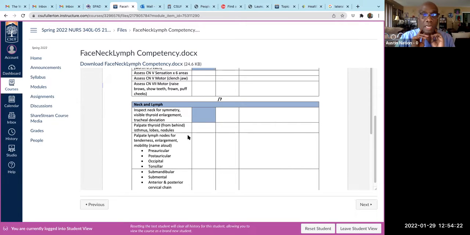Okay, postauricular. Okay, I'm not going to help you. Submental. Julia, submental. Thank you. You're showing me mandible. Go ahead and show me your submandibular now. Submandibular.